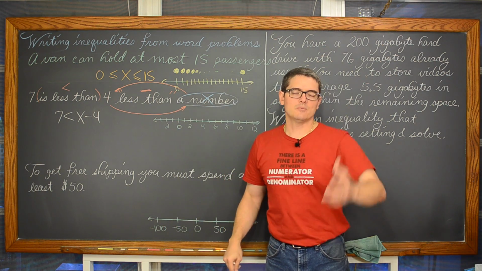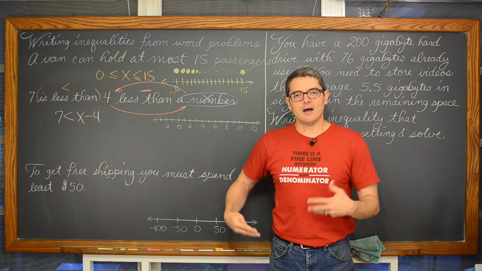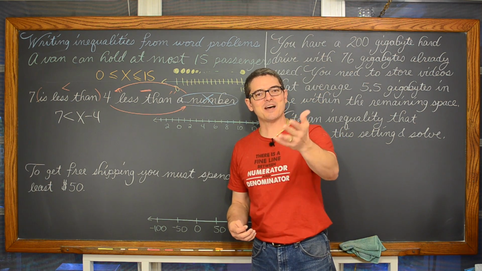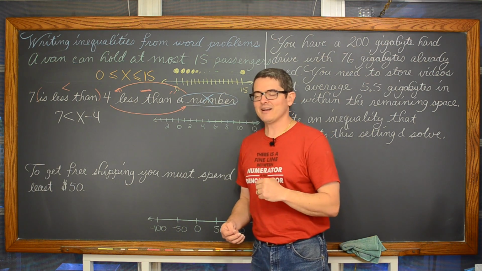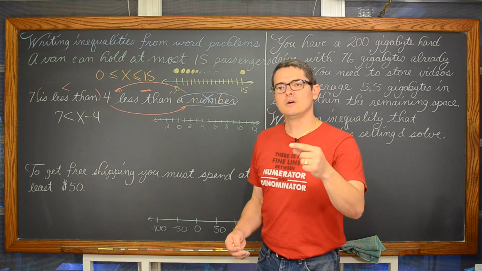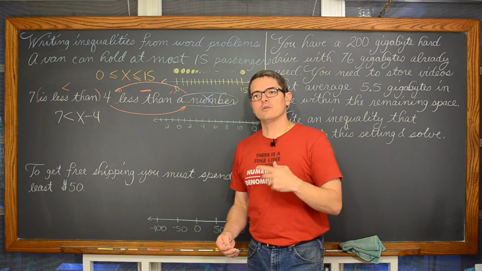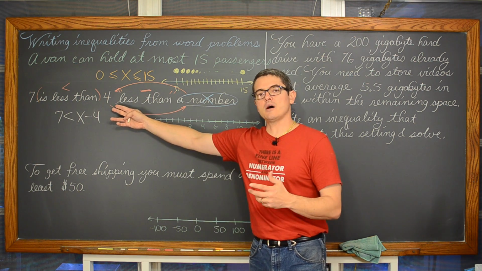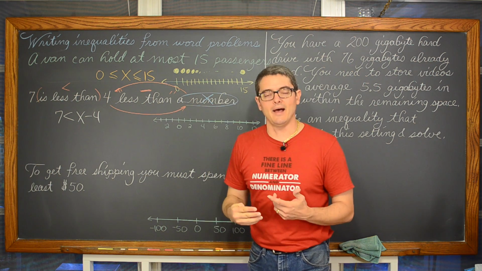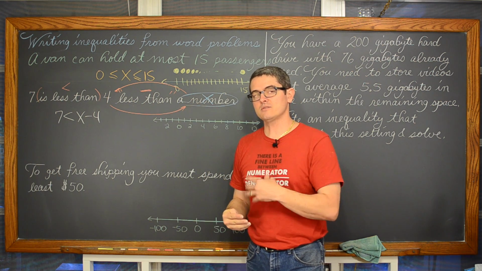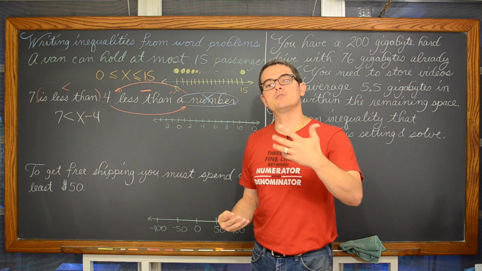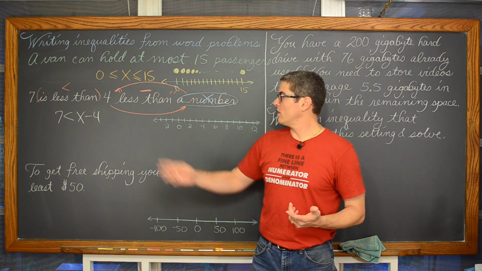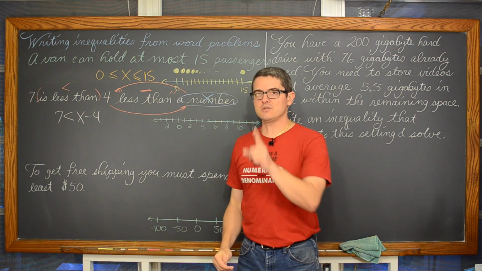Now, I'm just going to make up something kind of simple here. I have $10 in my wallet. Now, if I look at you in the camera on the other side, the student, thank you for watching, by the way, and I say you have 2 fewer dollars, or the money in your wallet is $2 less than what I have. Well, if you don't change the order of the sentence around, it would be 2 minus 10.